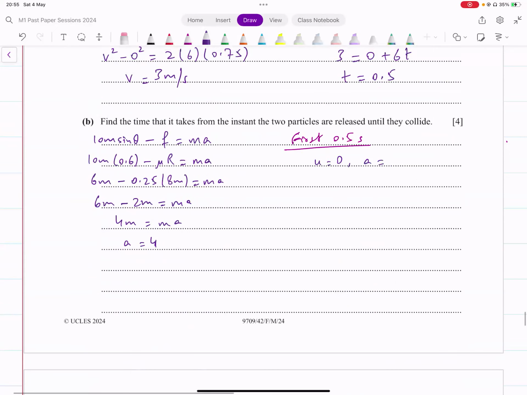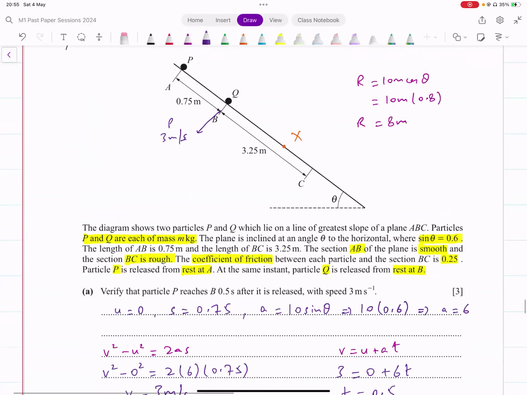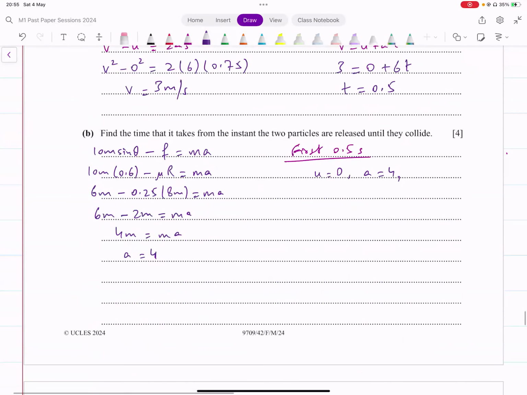We know the acceleration value now is 4, and it's moving down the plane. And we know that the time taken is 0.5. How much has Q traveled in this part? And also, what's the final speed of Q after this point? Let's figure both of those things out. So we want to find the value of S and also the value of V from this, the speed of Q at that point.